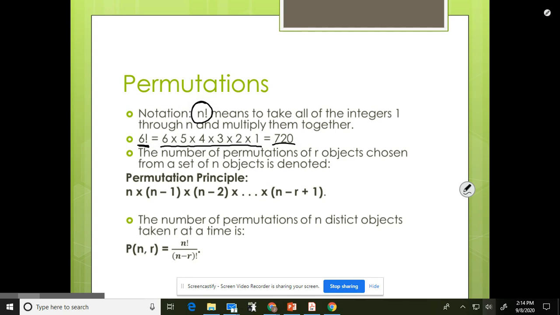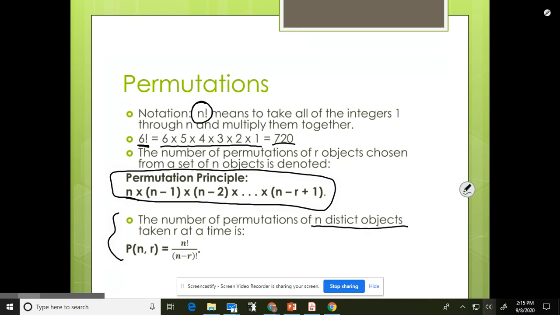So this is the permutation principle. It looks more complicated than it is. We're going to come back and you're going to see where that applies in just a minute. Here is the formula for permutations: the number of permutations of n objects taken r at a time. Using the first example, we had 5 people, taking 2 at a time.